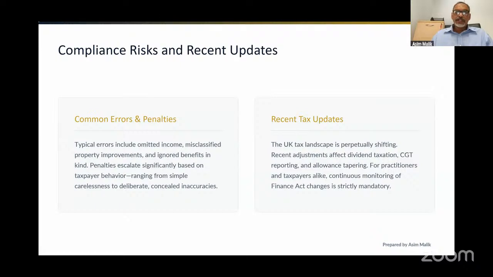Now, if they find an error, it all depends on the reason why it happened. It's the individual inspector who makes an assessment whether or not this is a deliberate attempt to defraud the tax system or it is a common error.